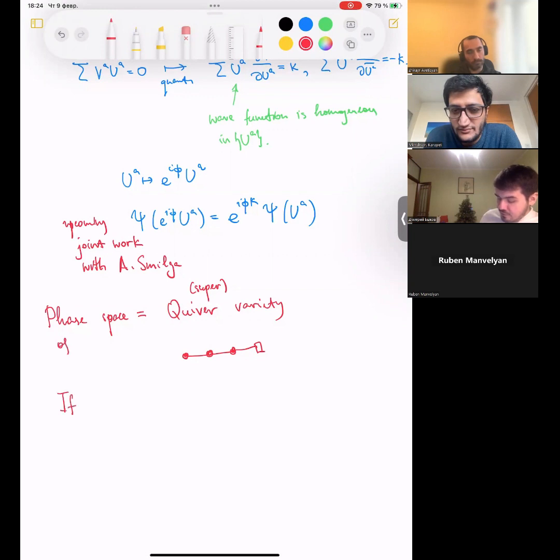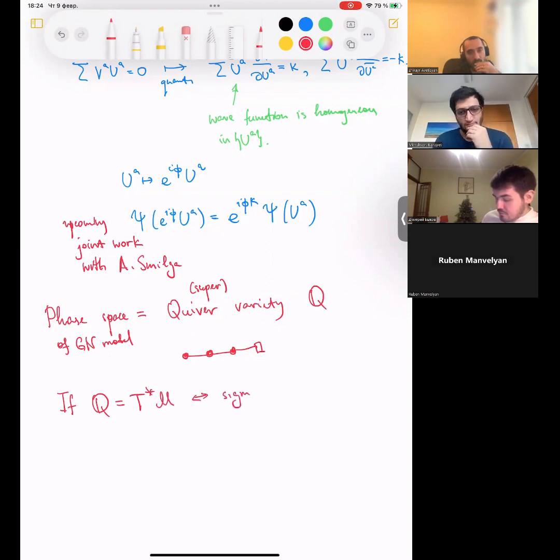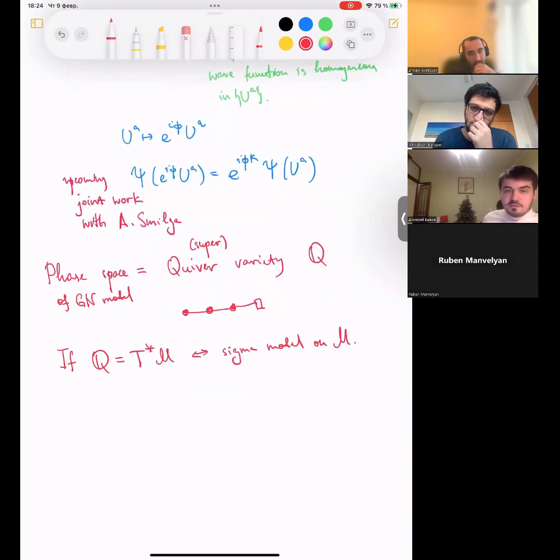So this is a phase space of Gross-Neveu model. So if the quiver variety, let's call it Q, if Q is a cotangent bundle of something, then this is equivalent to a sigma model on M. So M becomes the configuration space or the target space of your sigma model. So yeah, quiver varieties are very special varieties and so on and so forth.